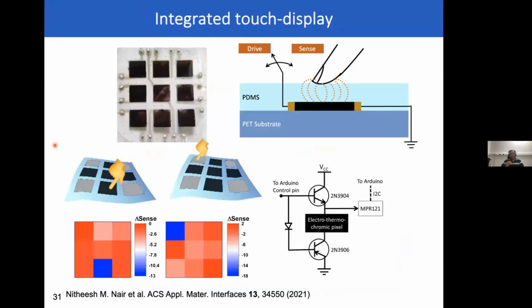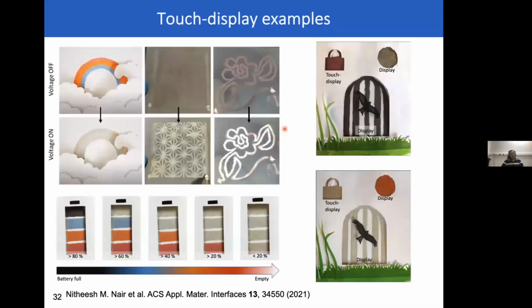Now, because I have silver nanowires in this ink, it's also conductive, which means I can cap it with PDMS and actually make it a touch sensor. So I have both a display and a touch, which are incorporated in the same layer. And then we try to look at various examples.